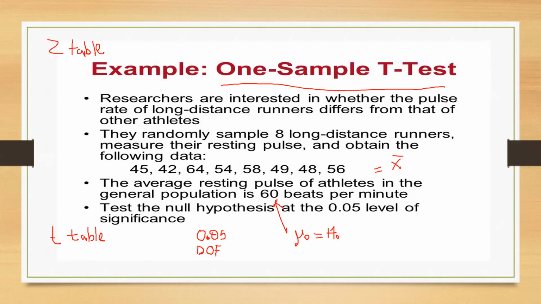Now, when you go to your table, you are going to see things like 0.1, 0.05, 0.01 on the horizontal, something like this.